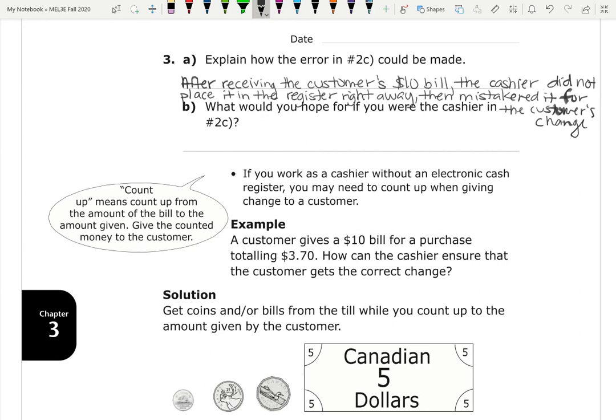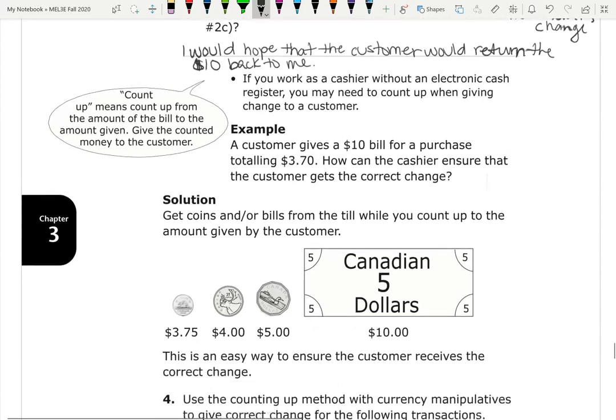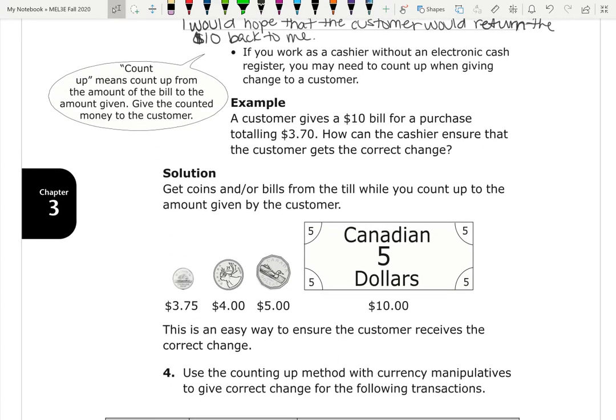What would you hope for if you were the cashier in question 2C? Well, I would hope that the customer would be honest and recognize the mistake and return the $10 bill back to me. So how do we make change in our heads? Most places that you'll work, if you work as a cashier, the computer is going to give you the total. So you're going to look at the computer, and then you're going to say to the customer, this is how much your total is.